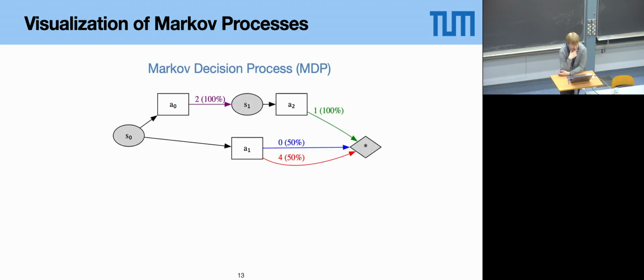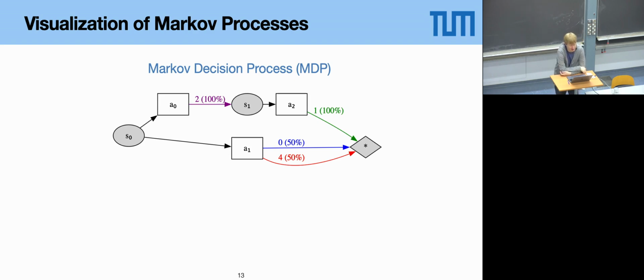So let's continue thinking about what these Markov processes are. Let's take a look at what is called a Markov decision process, and let's go through it. We have states in the circle nodes, here denoted by S. In this case, we have two states, S0 and S1. Then we have actions in the rectangular nodes that follow after the states, which you can choose.